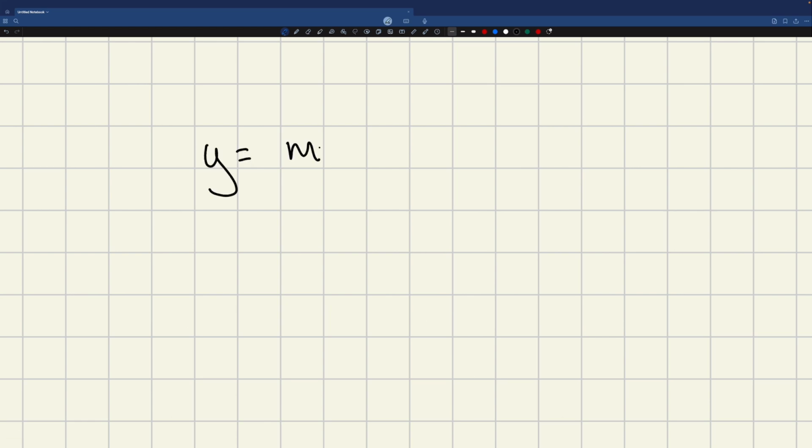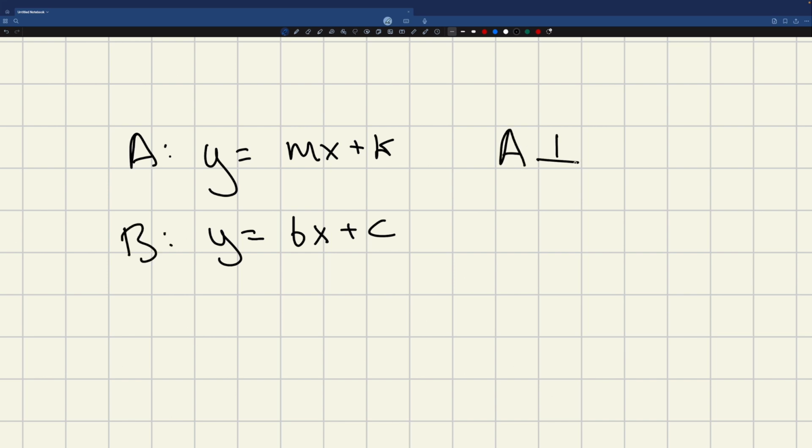So say if we have the graph y equals mx plus k, and we have the graph y equals bx plus c, and if we say that this is, for example, graph A, this is graph B, and we say that graph A is perpendicular to graph B, then we for sure from that know that m times b is equal to -1.